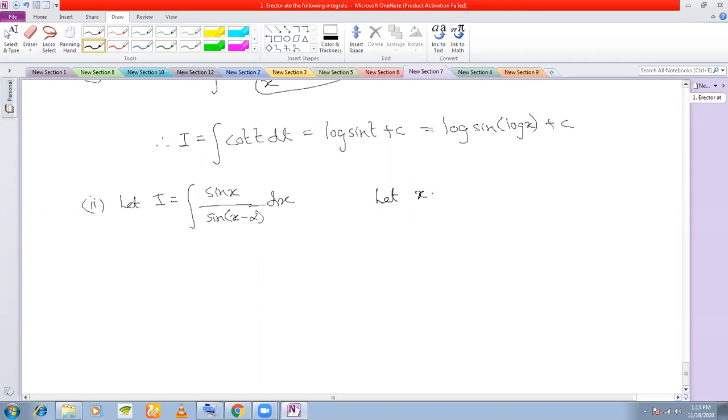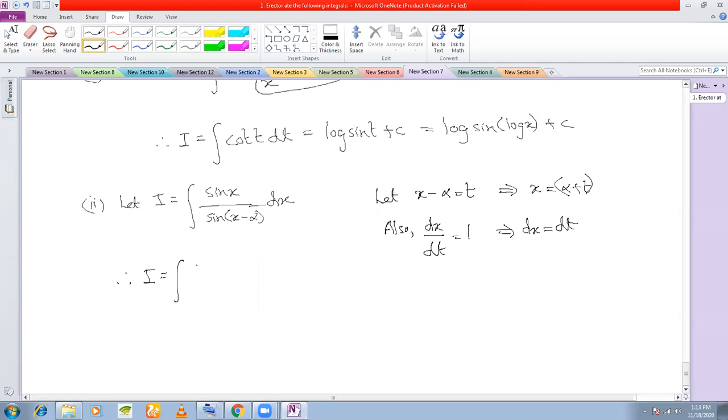You put x minus alpha is equal to t. So x is equal to alpha plus t. Also dx by dt is equal to 1, that means dx is equal to dt.